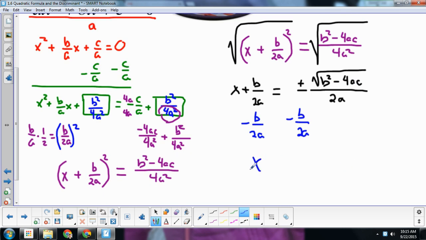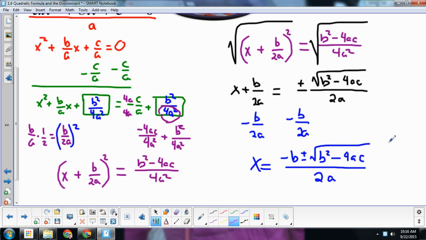And guess what x is equal to? X is now by itself, and it's equal to the opposite of b, plus or minus the square root of b squared minus 4ac all over, remember, it's the same denominator. I can combine the numerators and write it over one denominator, 2a.